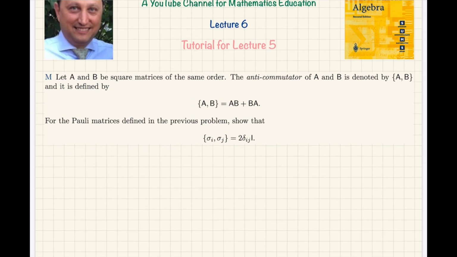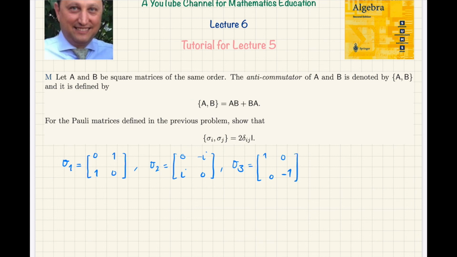So let me just write the Pauli matrices here for you. So sigma 1 is 0, 1, 1, 0. Sigma 2 is 0, minus i, i, 0. And finally, sigma 3 is 1, 0, 0, minus 1. Okay?